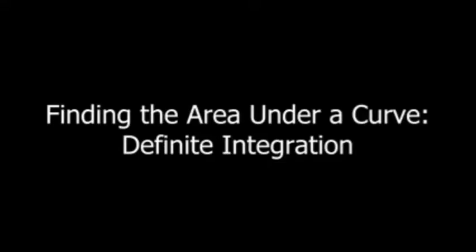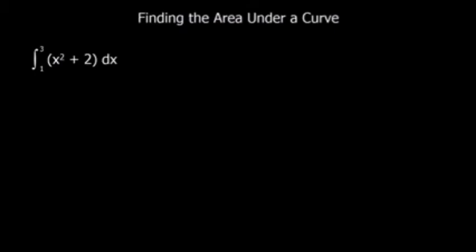So let's look at some examples in finding the area under a curve. I have the first example: the integral of x squared plus 2 dx between the limits 3 and 1. We can also call it boundary.